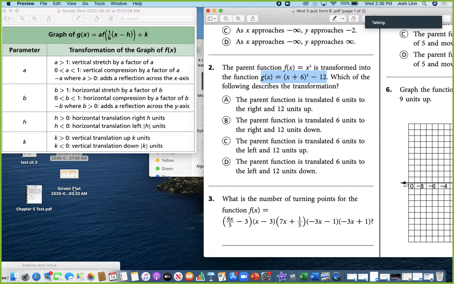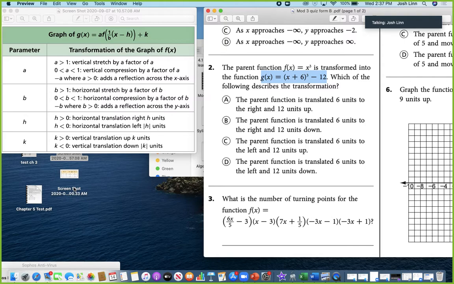So if you think of that as your f of x, let's get a halfway decent color here. You can see that. So what happened to this g of x to make it change? It started off as x cubed.